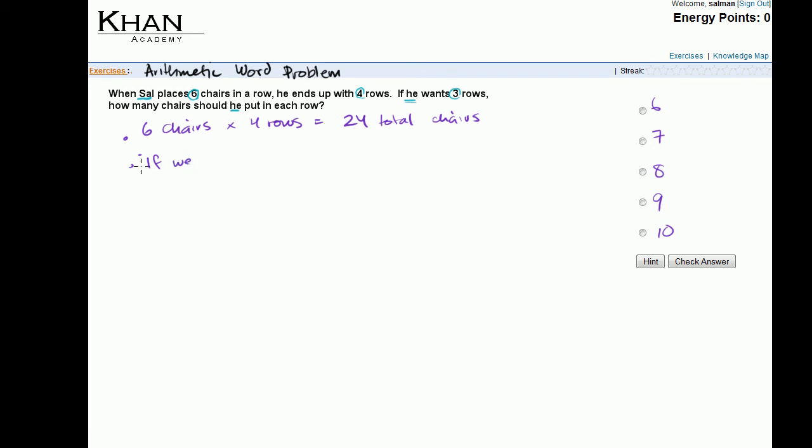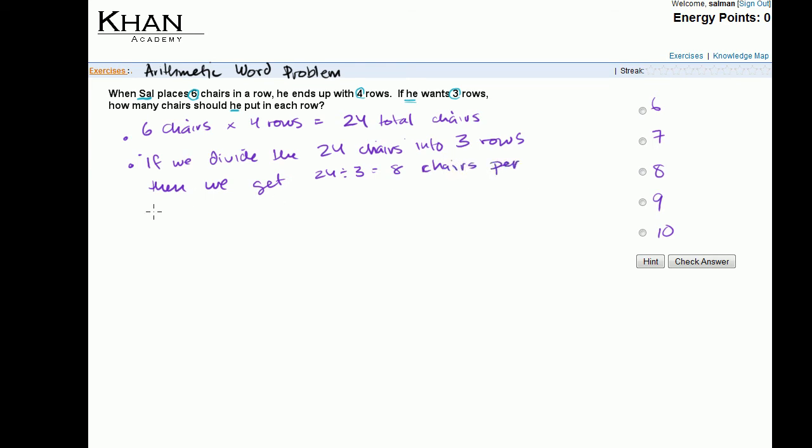The second hint, if we divide the 24 chairs into 3 rows, then we get 24 divided by 3 is equal to 8 chairs per row. And that's it. And the correct answer is obviously 8.